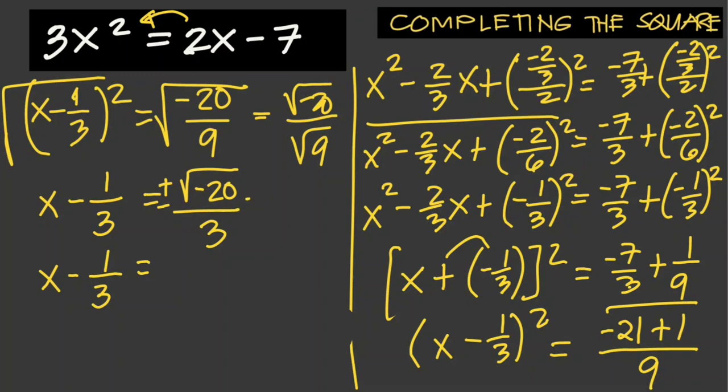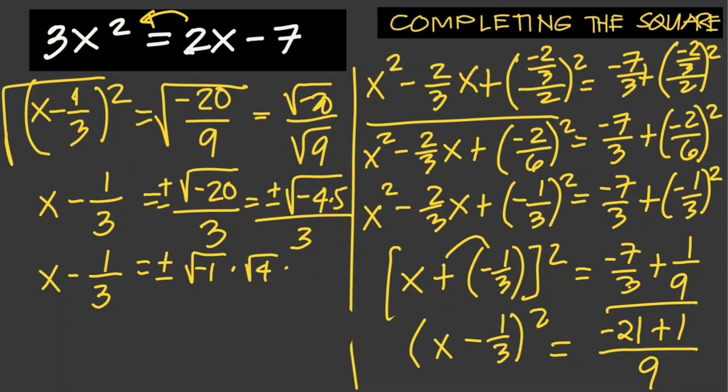So we can write negative 20 as negative 4 times 5. And 4 is a perfect square. We can write this as square root of negative 1 times square root of 4 times square root of 5 over 3.